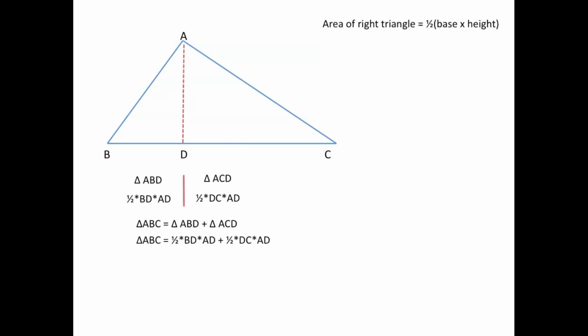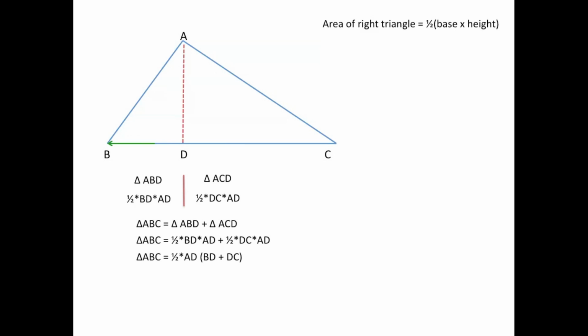The area of triangle ABC is equal to half times BD times AD plus half times DC times AD, which is equal to, if you notice, we can factor out the half and the AD. So by factoring out the half and AD, we end up with half times AD times (BD plus DC).